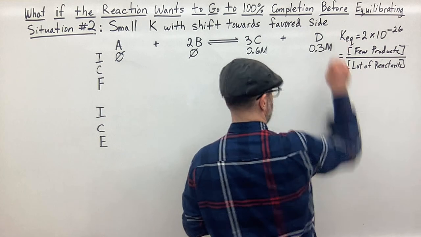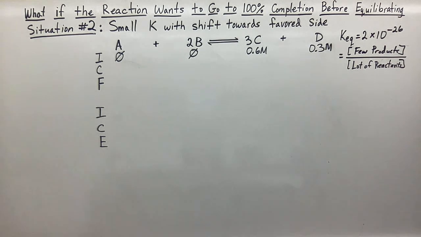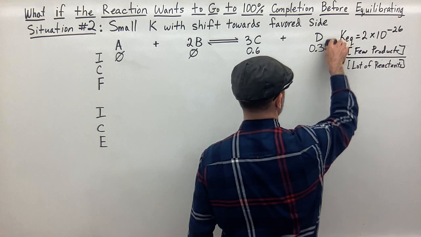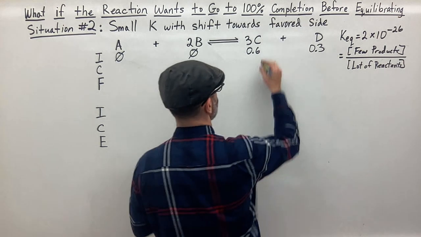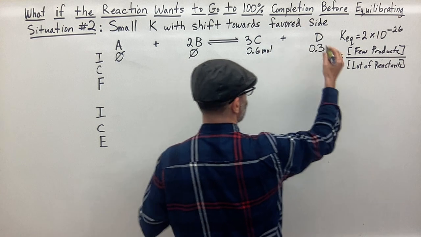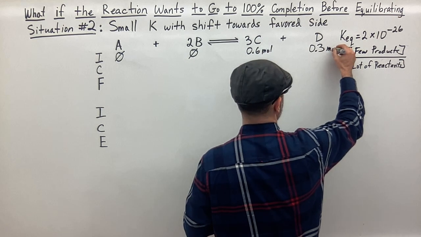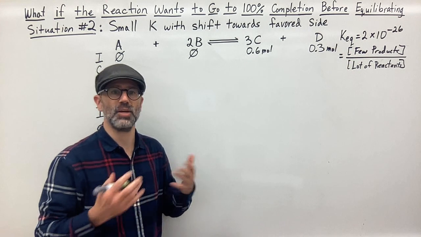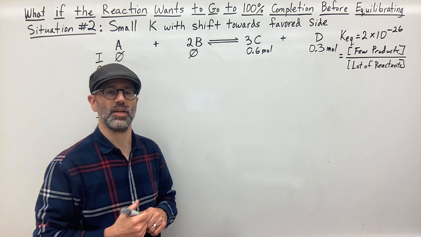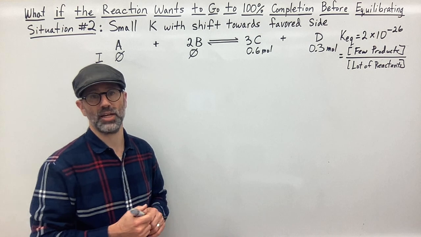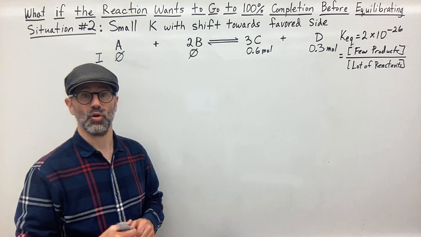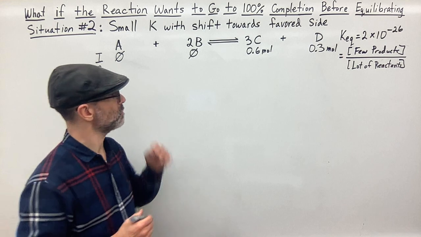So we'll get rid of the molarities and we'll have moles. Now for your problem, if you have 2 liters of solution, if you have something that's not 1 liter of solution, then you'll have to do the calculation to find the moles of each of your products and reactants.